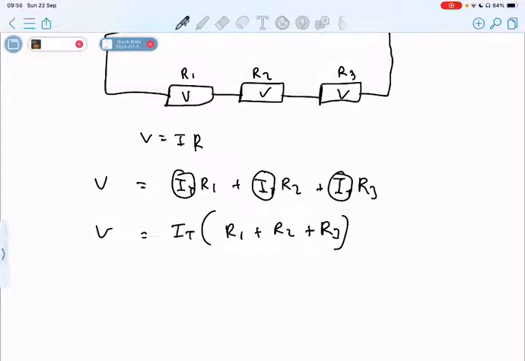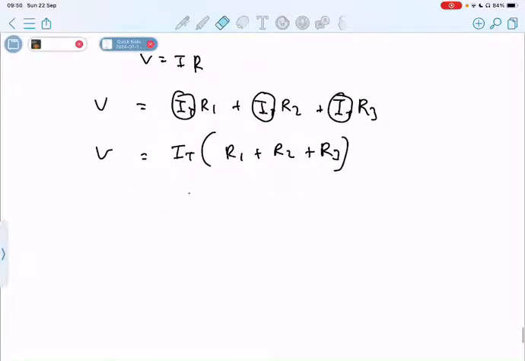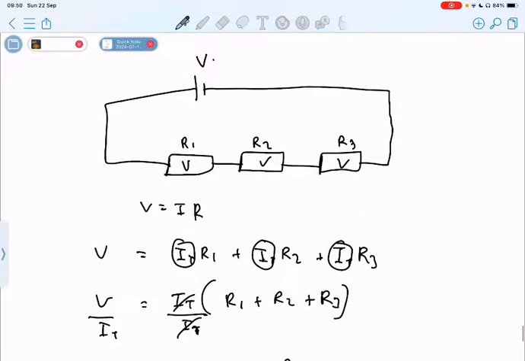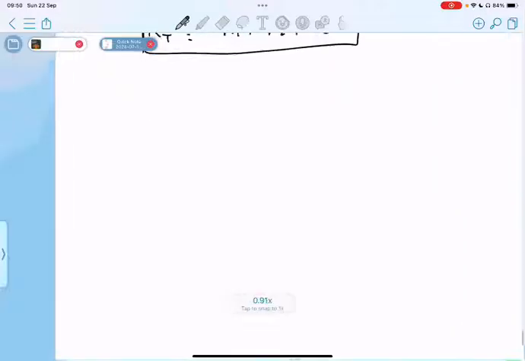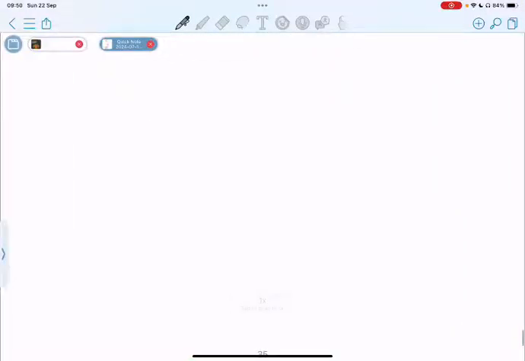And we can divide both sides by I to get R. So R is equal to V over I. When we divide both sides by I, it cancels, and we get R total is equal to R1 plus R2 plus R3. They might ask you in the exam to derive this equation, and this is the exact way in which you do it, okay?